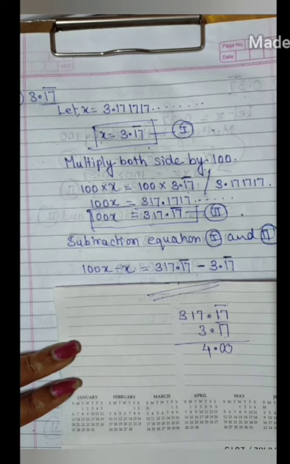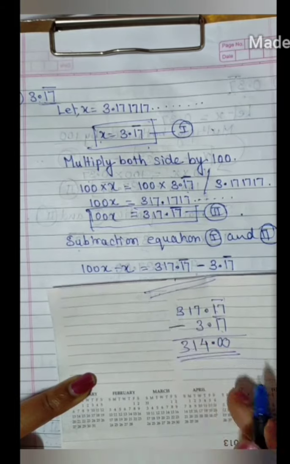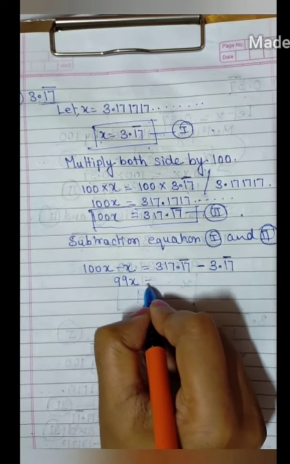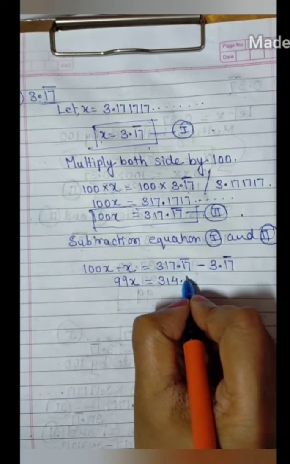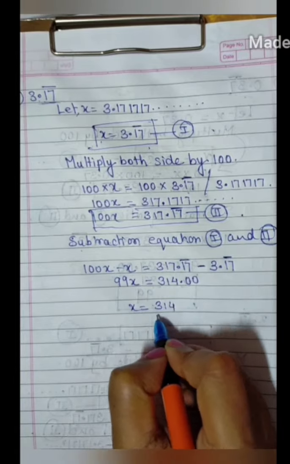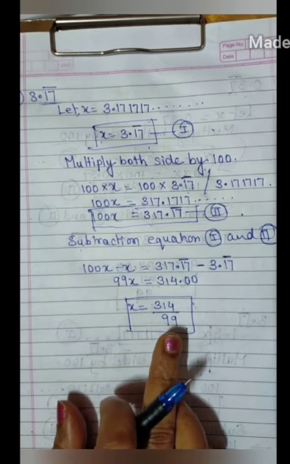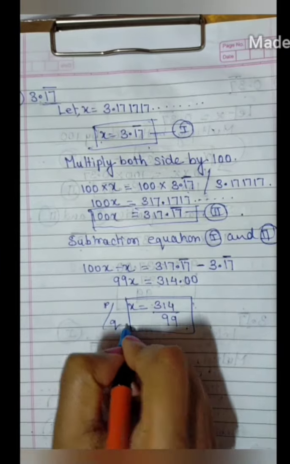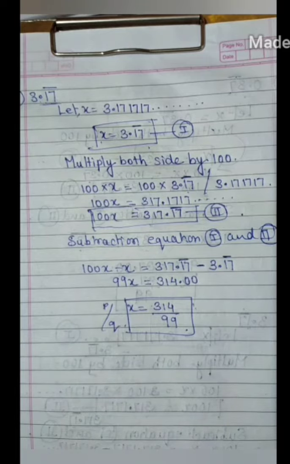And now 1 and 3, this is what we got after subtraction. 99x is equal to 314.00. x is equal to 314 upon 99. We got the p upon q form for question number 3. We got the answer. I hope you understood now.